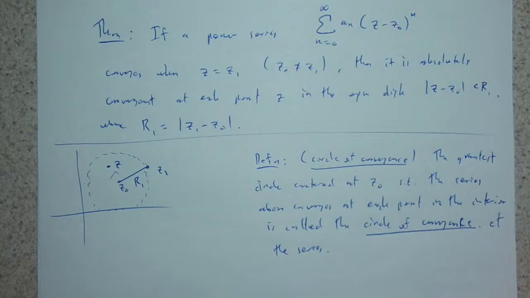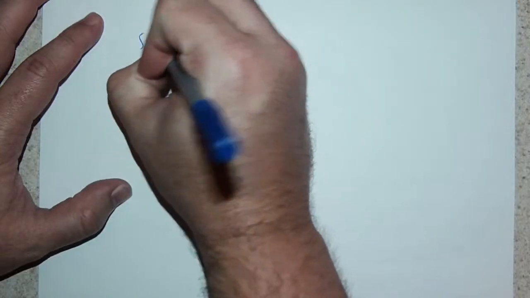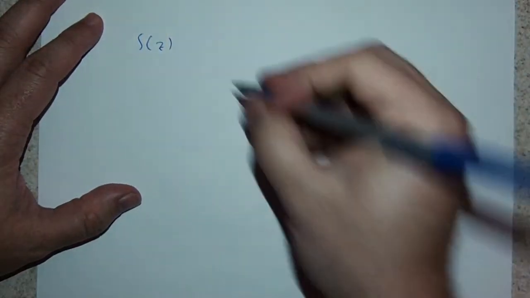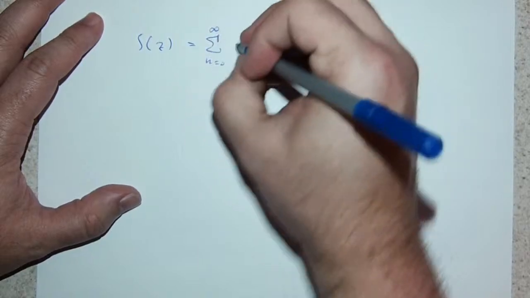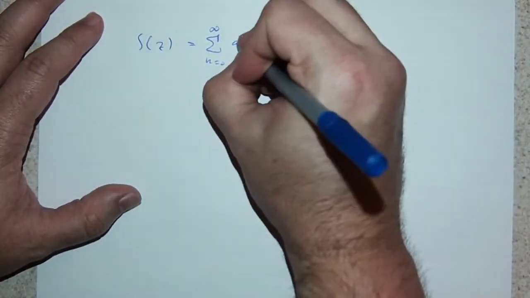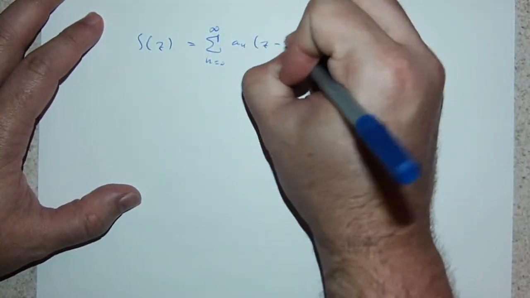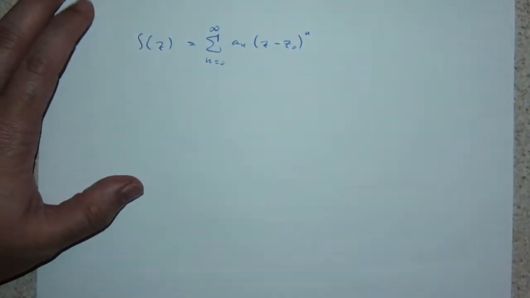And so I defined this notion of uniform convergence. Maybe I'll expand it a bit. So I already wrote down the definition, but let's say that we have a power series, and I write that as S of z is the sum from n equals 0 to infinity of a sub n times z minus z naught to the n.